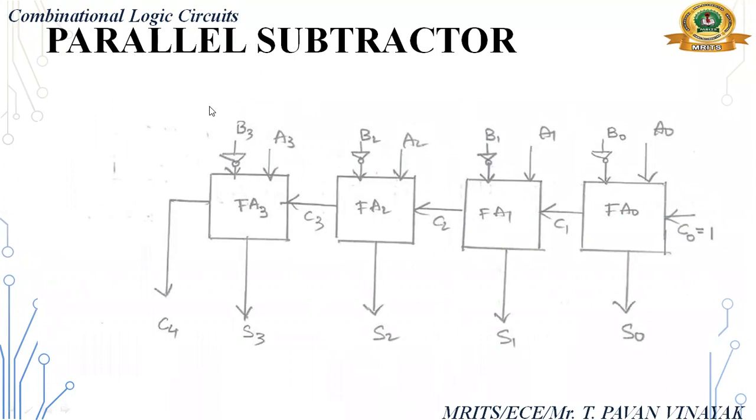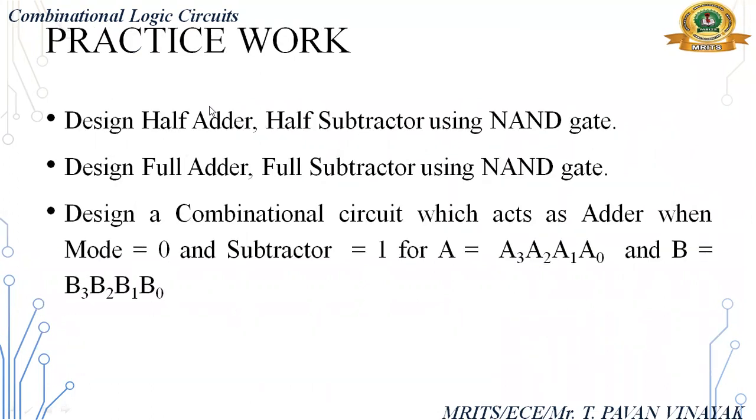Now I am giving one task to you. Okay, homework. Half adder and half subtractor using NAND, full adder and full subtractor using NAND, and design a combinational circuit which acts as an adder when mode is equal to 0.